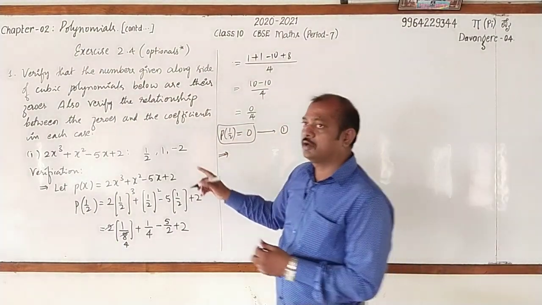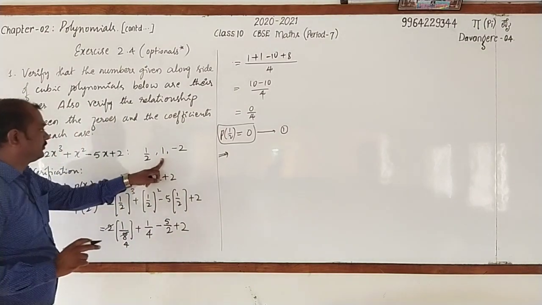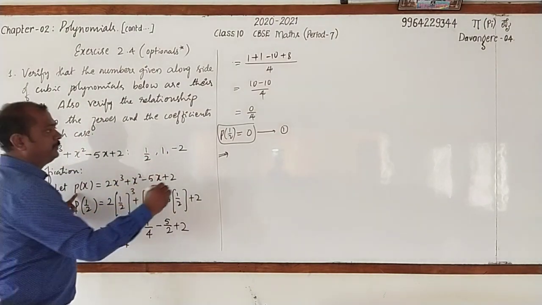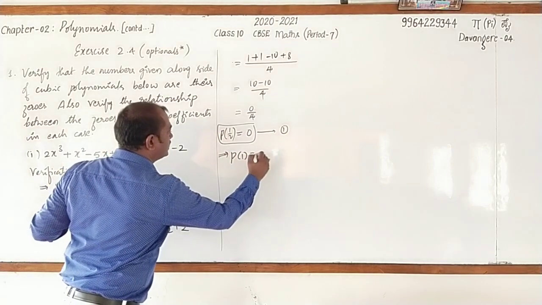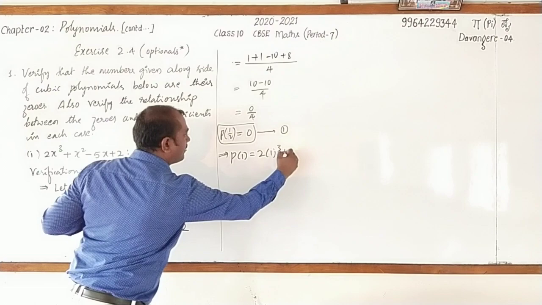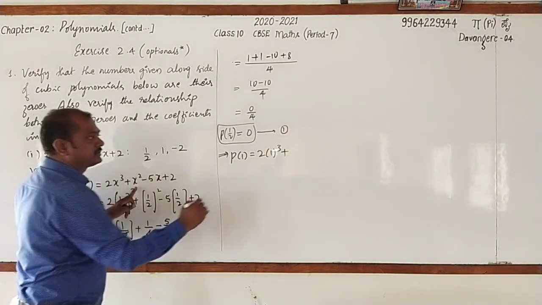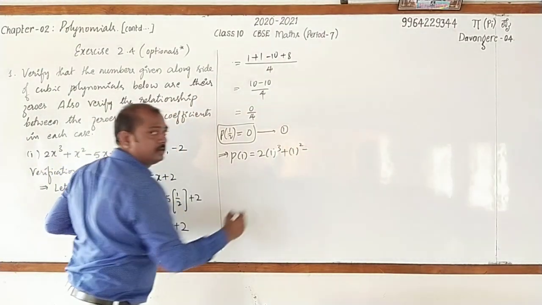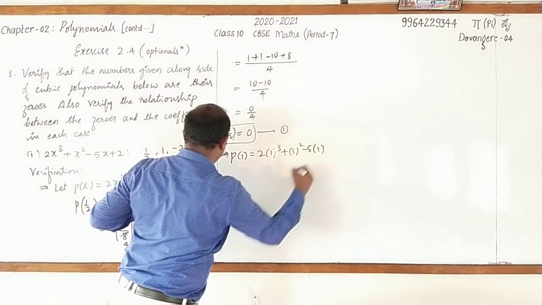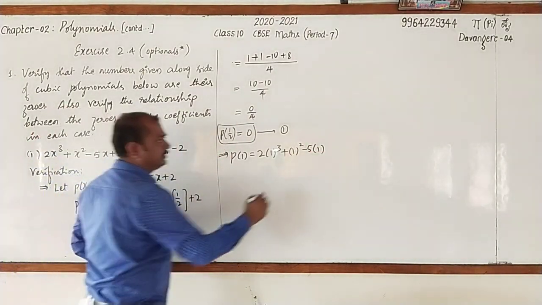Similarly, let's go for checking by substituting 1 in place of x. Here, P of 1 is equal to 2 into 1 whole cube plus x square is there, 1 whole square, minus 5x is there, 5 into 1, plus 2. Let us write this as it is.